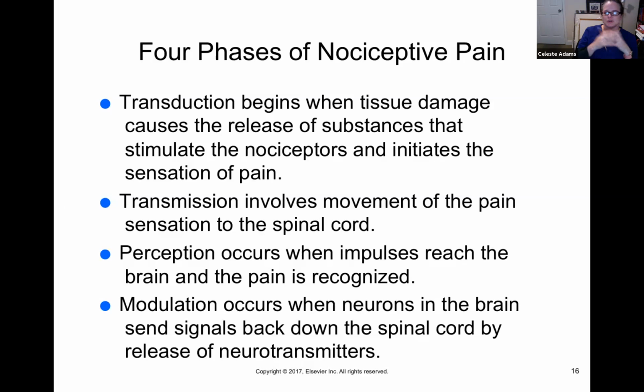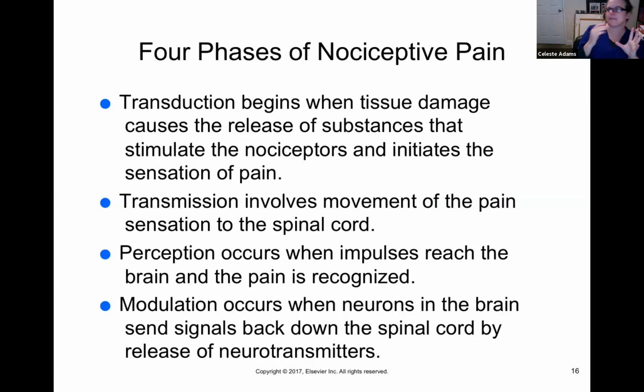So transduction is the first phase. That's where the pain happens, the start of the pain. But the patient doesn't feel it until perception. That's when the signal goes to the patient's brain and says this hurts. And then the pain is actually felt in modulation.